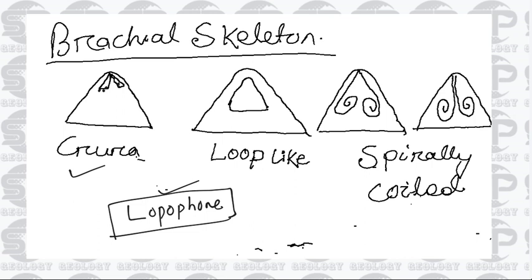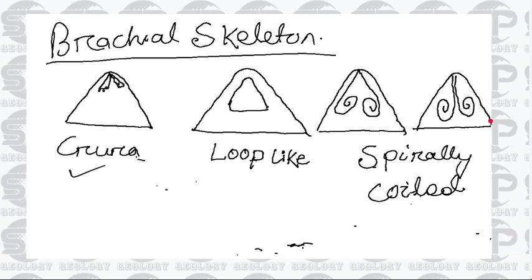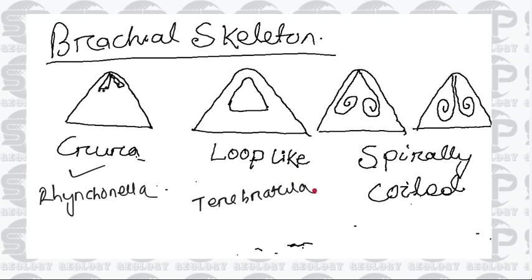Crura is seen in an organism called Rhynchonella. Loop-like is seen in Terebratula. These are examples. And spirally coiled is seen in Spiriferid.